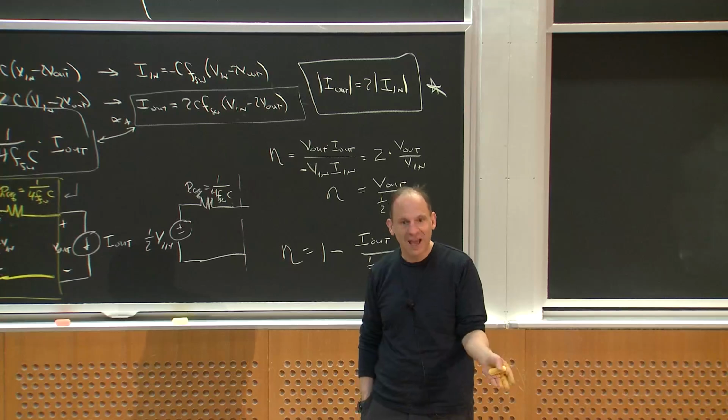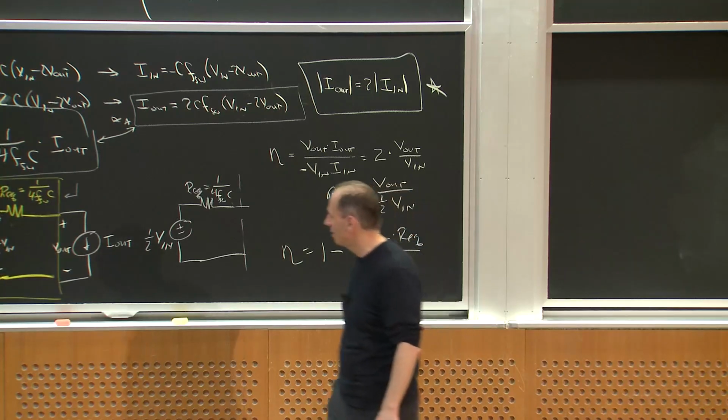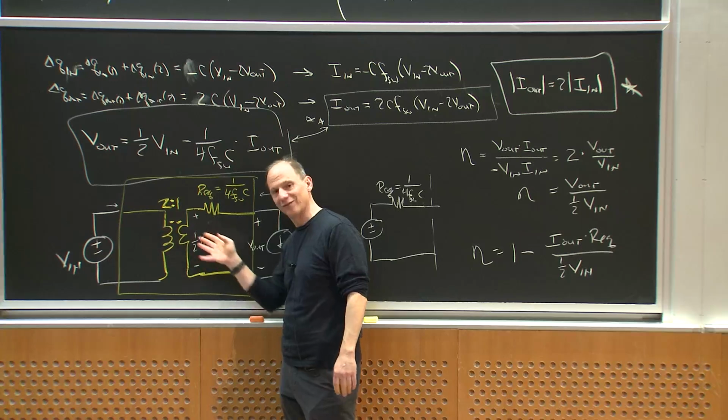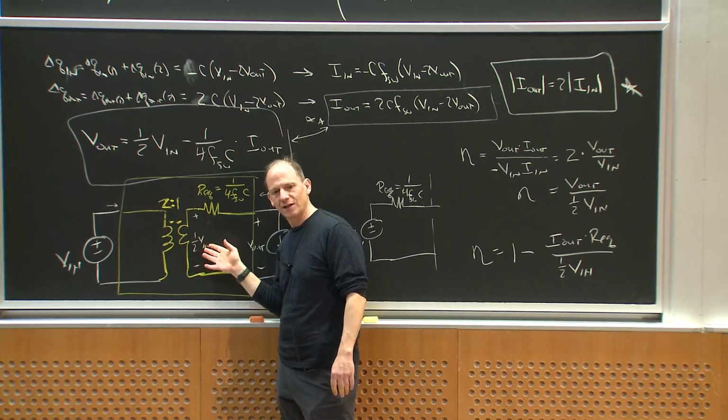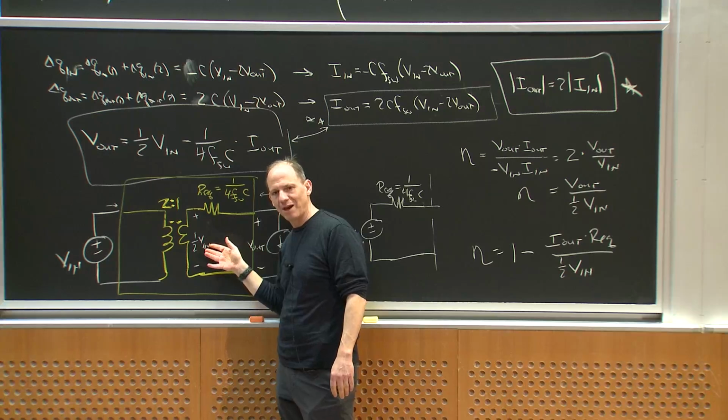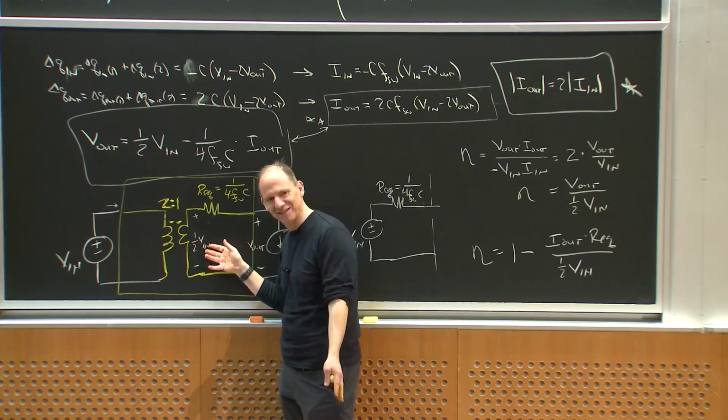I want exactly half the voltage. Then, to the extent that I can make this equivalent resistance small, this is a great converter. On the other hand, I wouldn't want to use this converter when my input voltage was 5 volts and my output voltage was 2 volts, right? Because then my efficiency would be 2 over 2.5, which isn't that high, right?